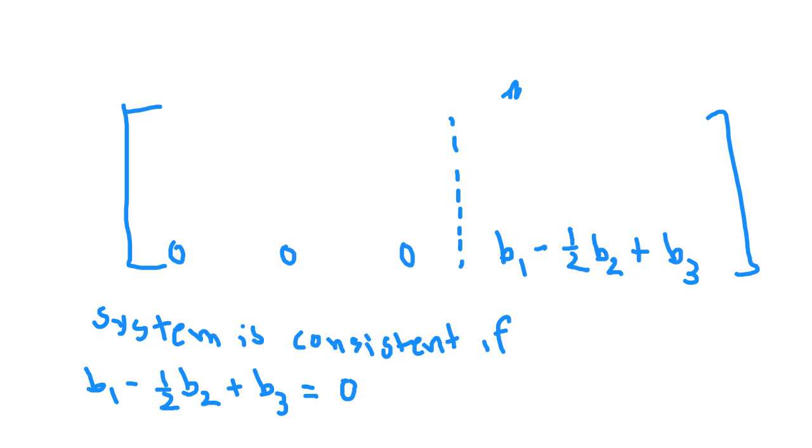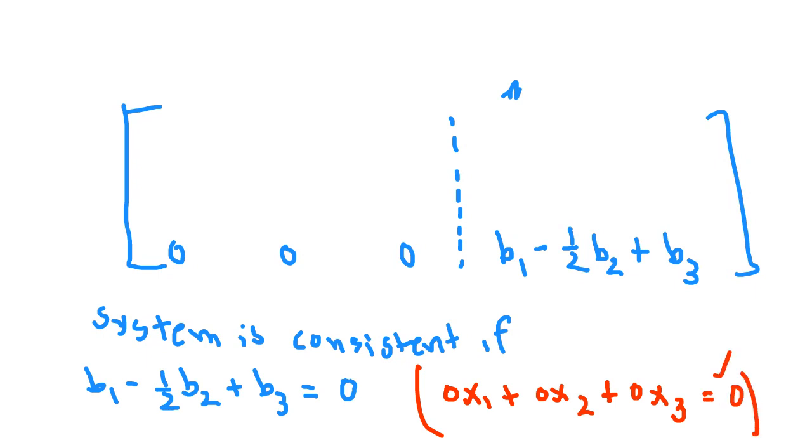Because then the last equation would read 0x1 plus 0x2 plus 0x3 equals 0, and that's okay. That's consistent.